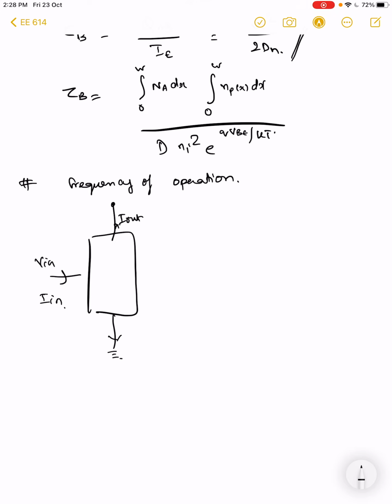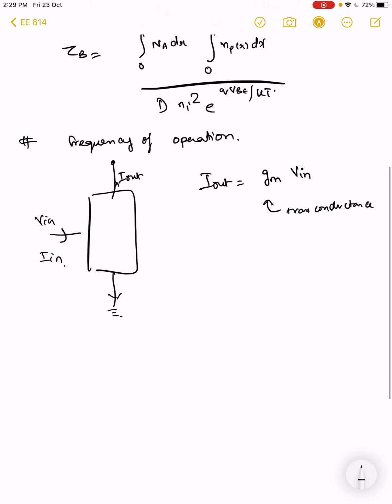So you can see that we can write a relationship such that I out is some gm times V in. Gm is called the transconductance. It's typically conductance because it is current divided by voltage, and it is transconductance because it relates the output with the input. Okay, it's not the same thing.